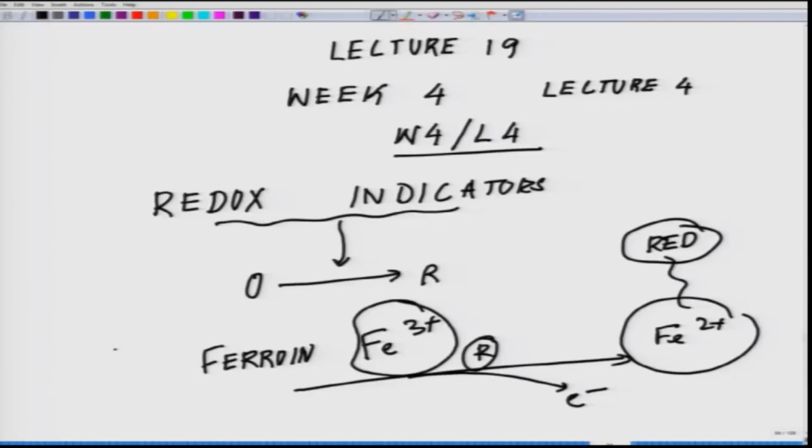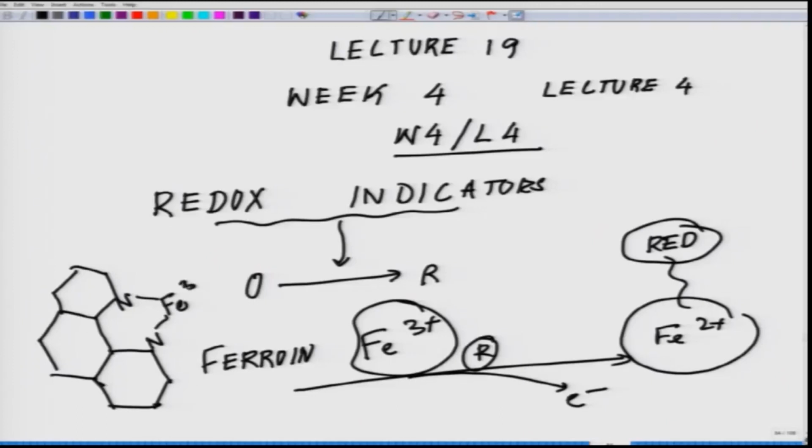And this molecule, when you talk about ferroin, looks something like this. You have a nitrogen out here, you have a nitrogen out here, you have iron 3 plus.